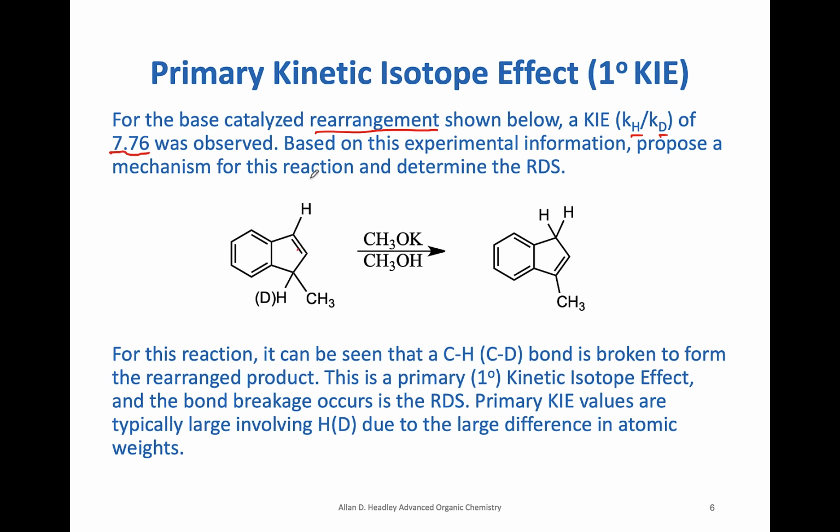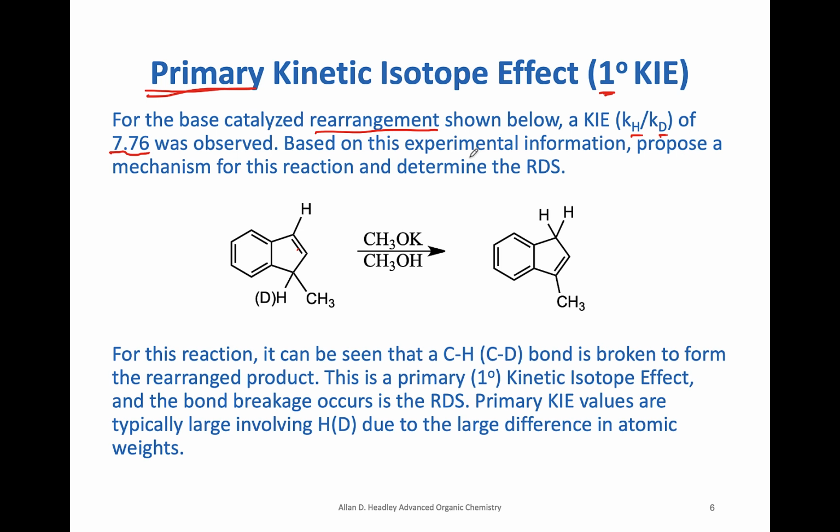By the way, I should point out that this type of kinetic isotope effect is known as the primary kinetic isotope effect, or written here as 1 superscript 0, primary isotope effect. As you know, in chemistry we have lots of abbreviations to represent different concepts.